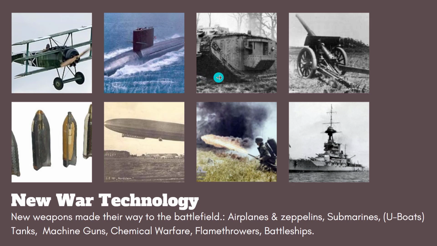We also have tanks, machine guns, chemical warfare, flamethrowers, and battleships, a lot of different types of war technology that came about because of the Industrial Revolution, and also being able to build this new war machinery with new metals that they can manipulate in their factories.